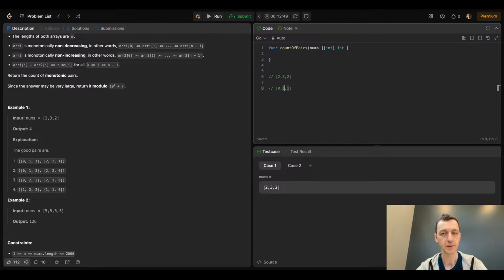The second one is increasing, and the second one cannot be increasing. If the second one has to be decreasing. Yeah.